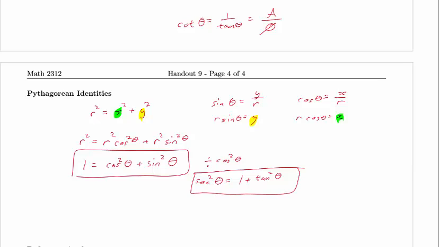Or we can divide this guy by sine squared theta, and so that would get us cosecant squared theta equals cotangent squared theta plus 1. Okay, so those three are pretty important. It's important to know where they come from. They will come up time and time again.